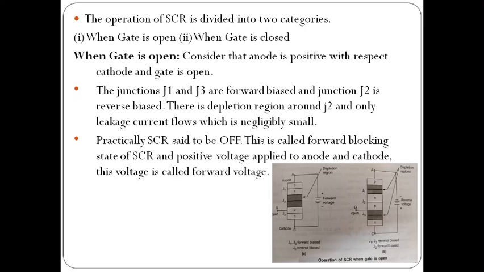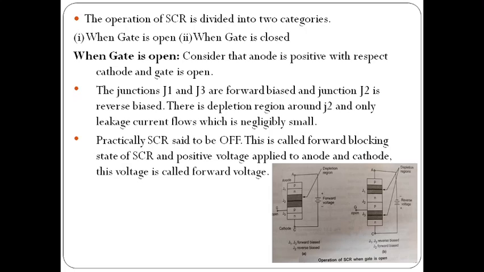When junction J2 is reverse biased, there is a depletion region around junction J2, and only a very small leakage current flows through it.